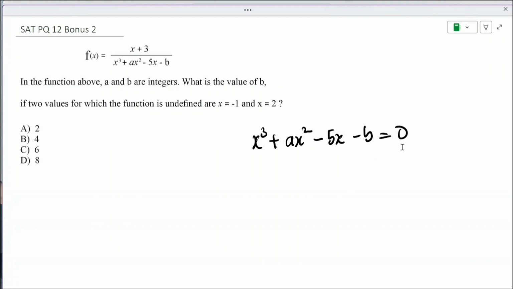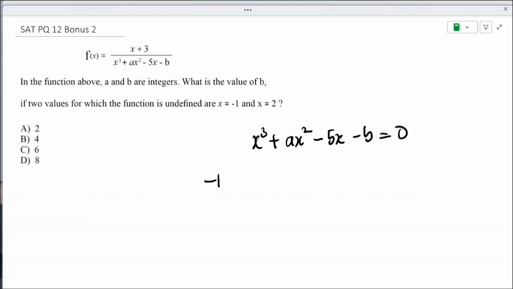For us to equate this to 0, we have to switch x with -1, and that will help us create the first equation, and also switch x with 2 to create the second equation. With those two equations, we can solve for b. We could also solve for a. Take this note: there might even be a case where you have a question that carries functions, undefined value, and division of polynomials.